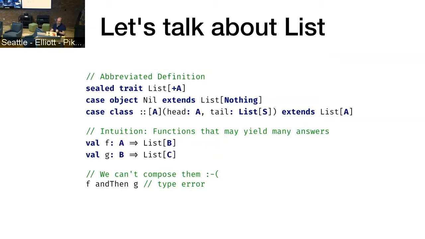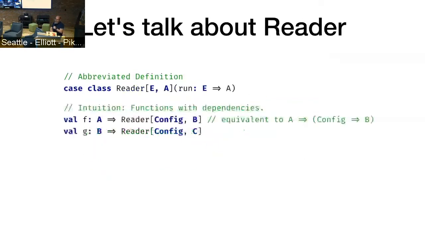Okay, let's see, how many was that? That's three. Let's talk about Reader. So Reader is a type that you might not have seen before, and it's really just a wrapper for a function from some type E to A. The idea is that it's just some computation that needs a value.